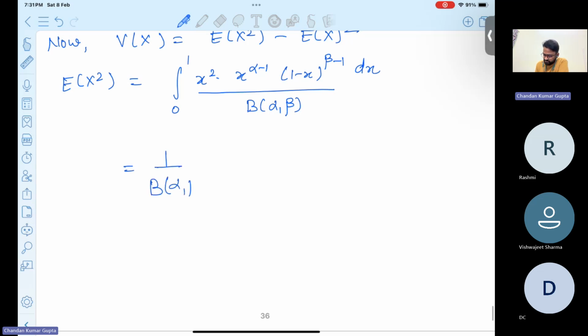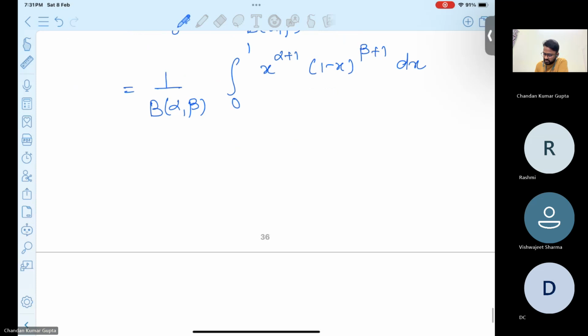This can be written as x to the power alpha plus 1, 1 minus x to the power beta minus 1 dx. And after solving, we get the beta function of alpha plus 2, beta, divided by the beta function of alpha and beta.